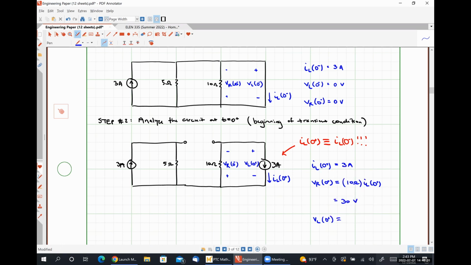VL at 0 plus should be negative VR at 0 plus, because these two elements are in parallel, but the voltages are defined with opposite polarities. And from this, VL at 0 plus must be negative 30 volts.